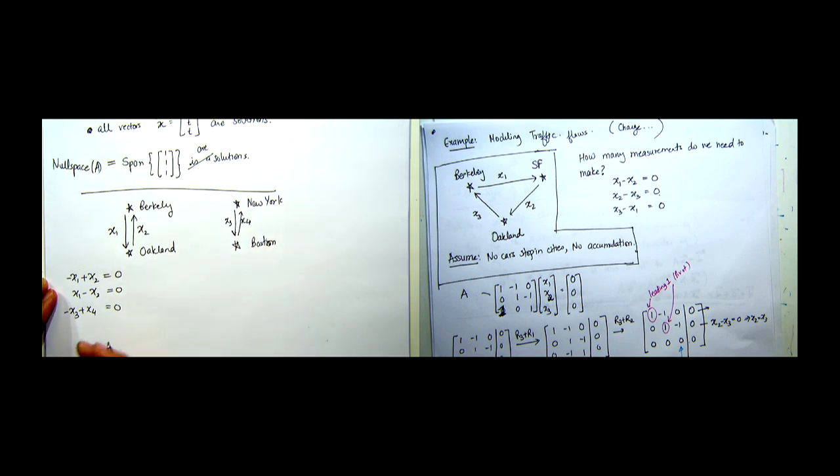And you would have an equation for Boston, which would be x3 minus x4 equal to 0. You could then write this out as a matrix. So you would have minus 1, 1, 0, 0, 1, minus 1, 0, 0, 0, 0, minus 1, 1, 0, 0, 1, minus 1, 0, 0, 0, 0.